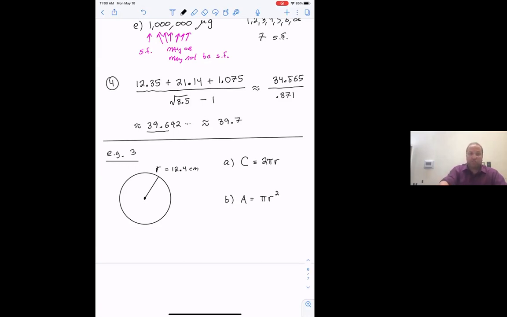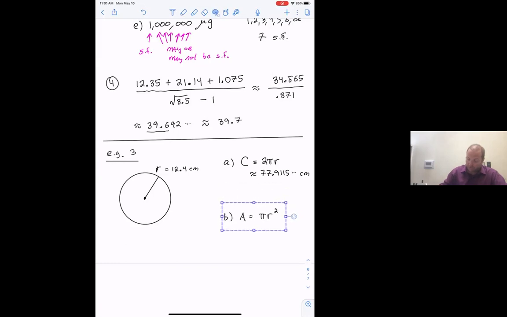Now notice that I used an equal sign for both of those because those are exact formulas. But when I plug in 2 times pi times 12.4 into my calculator, it gives me 77.9115... centimeters.